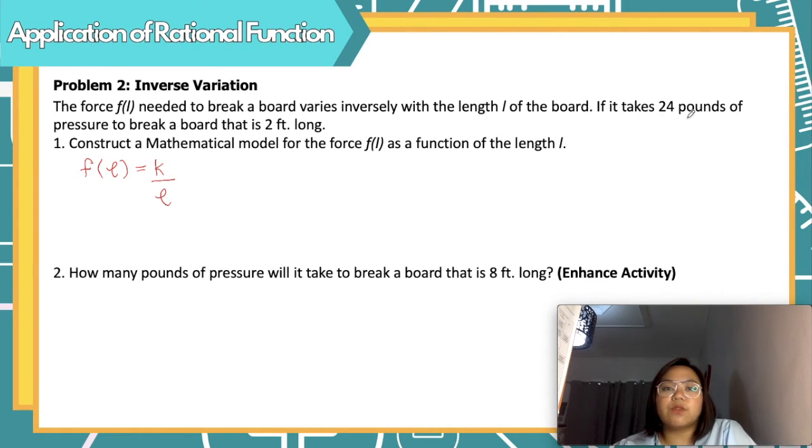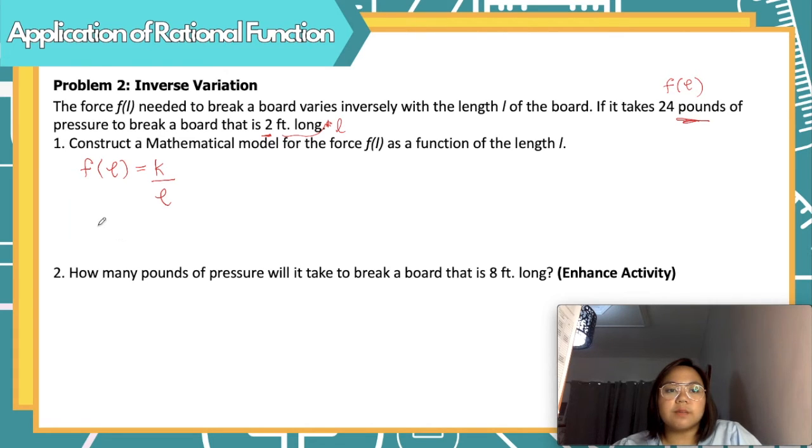It takes 24 pounds of pressure, meaning 24 pounds will be the force, which is F of L. Then, to break a board that is 2 feet long, this is your length. So we substitute it here.